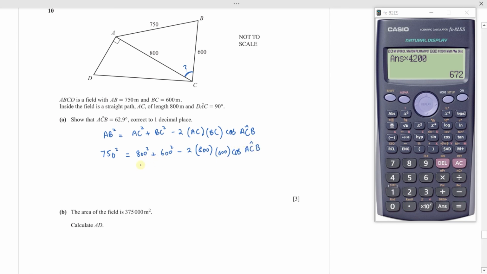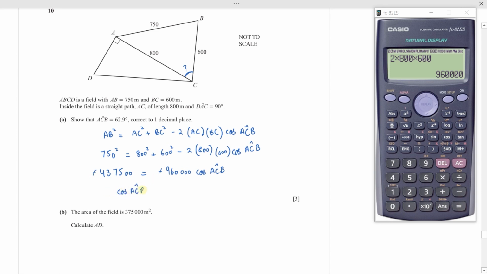I will take these two to the other side. They will be subtracted. So 750 squared minus 800 squared minus 600 squared is minus 437,500, equals minus 2 into 800 into 600, which is minus 960,000 cos of ACB. This minus and this minus will cancel out.